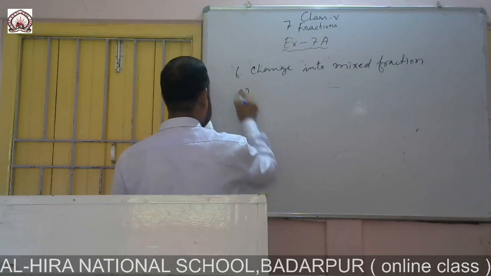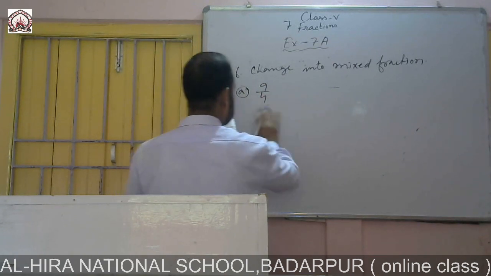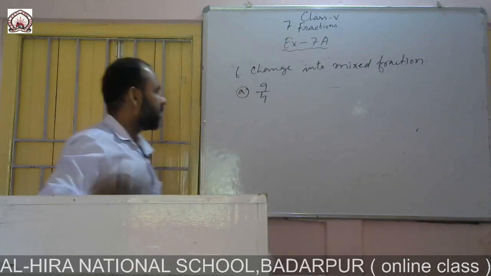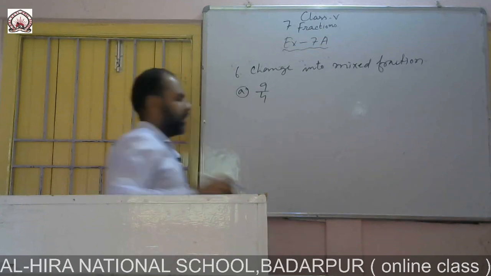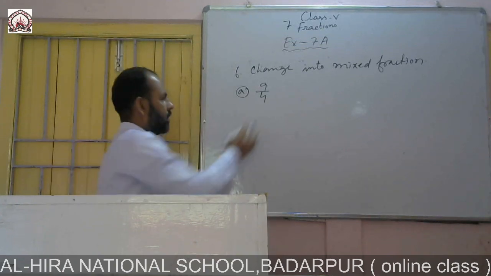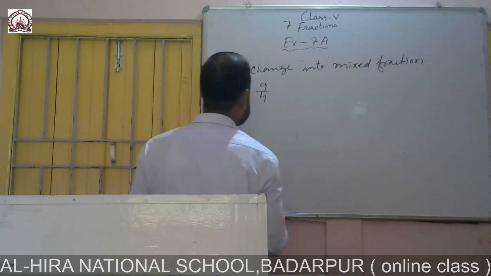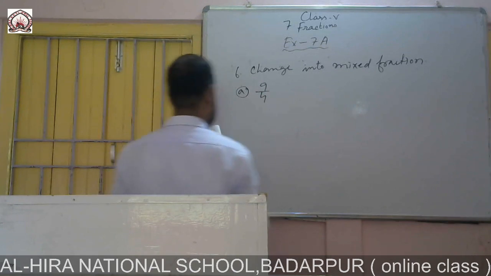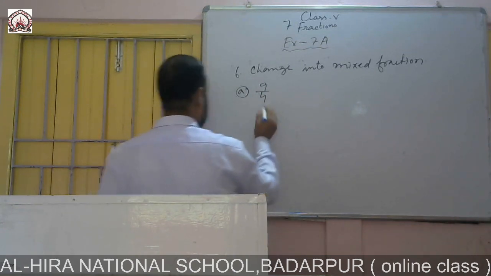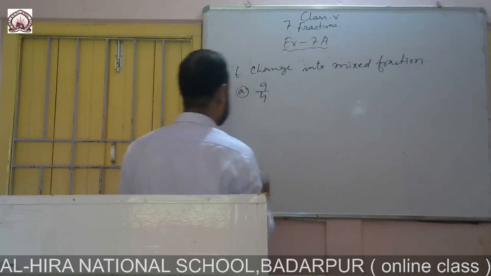Question number A. 9 by 4. So 9 by 4 is an improper fraction because 9 is greater than 4. From improper fraction we change into mixed fraction.